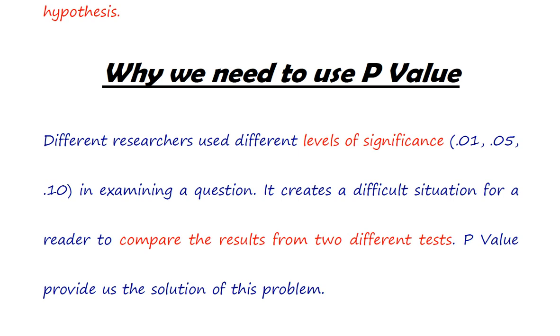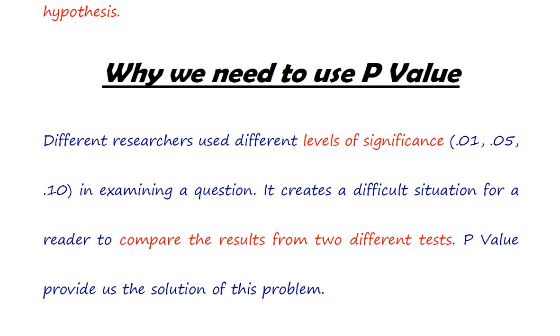Here is the question, why we need to use the p-value. As you know, in hypothesis testing, for the purpose of decision to accept null hypothesis or alternative hypothesis, the researchers used level of significance, mostly 0.01, 0.05 or 0.10, to examine any research question.